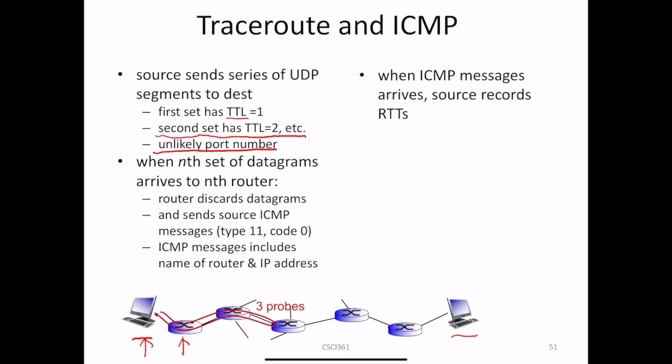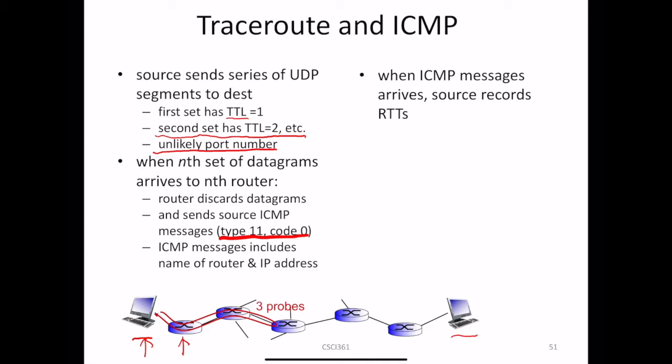Then, when the nth set of datagrams arrives at the nth router, the router just discards the datagrams because the TTL is equal to 0 and sends back an ICMP message with type 11 and code 0.